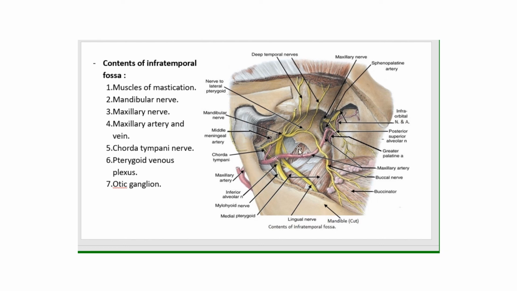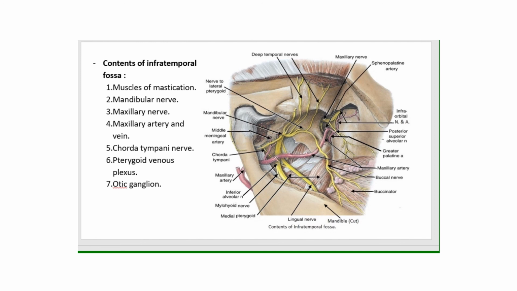maxillary artery and vein, the pterygoid venous plexus, and the mandibular nerve and its correlated structures, which are the otic ganglion and the chorda tympani nerve.